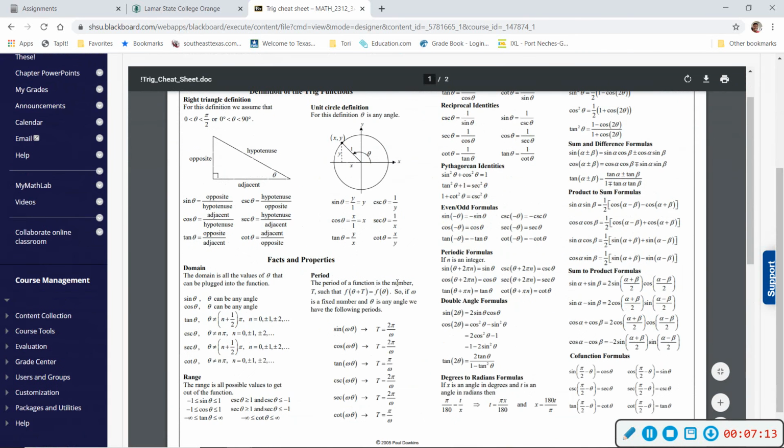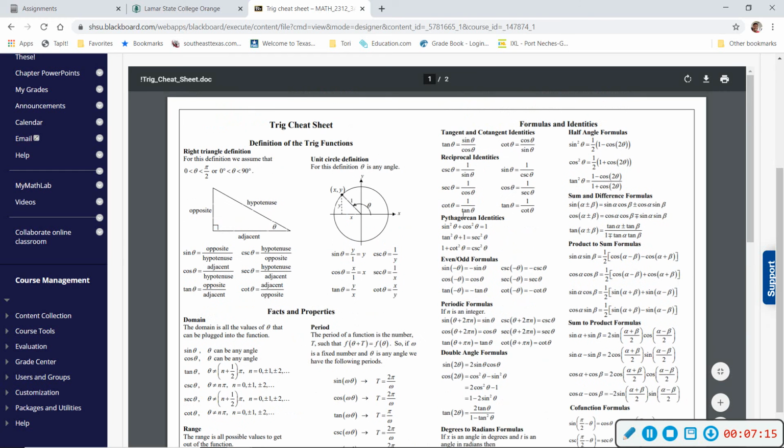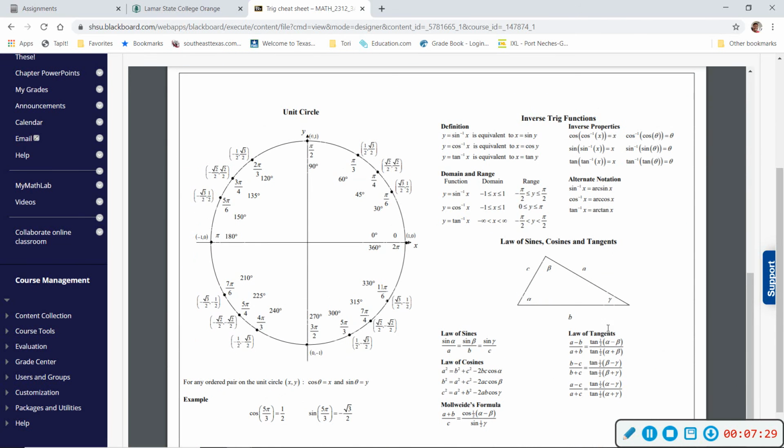Okay, so tangent right here we want to understand is equal to y divided by x. So I need the y coordinate and the x coordinate. This is going to be coming from the unit circle.